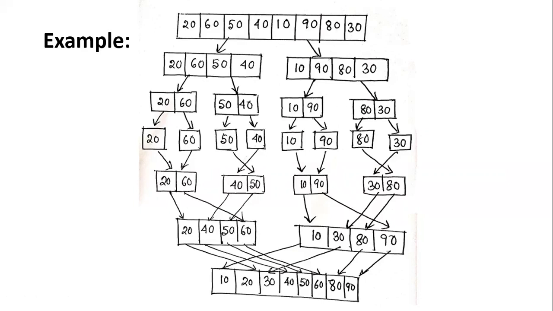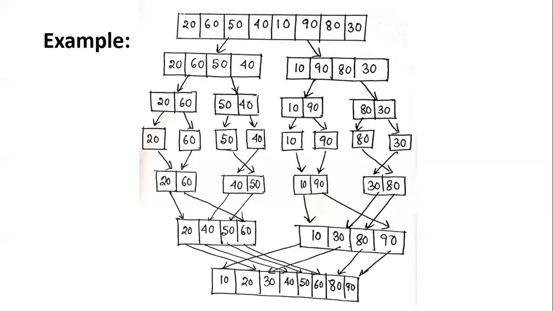That means up to this point we have to divide the subarrays, and now we reach the condition of 1 element per array. Now I have divided the array such that each and every array consists of only one element.